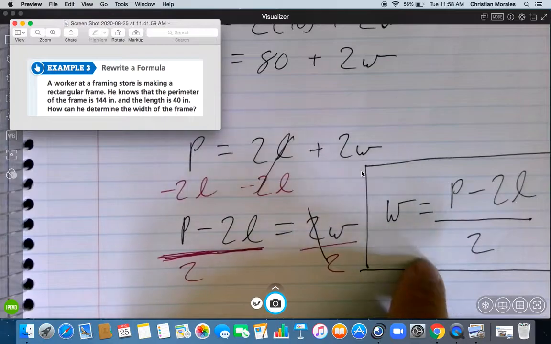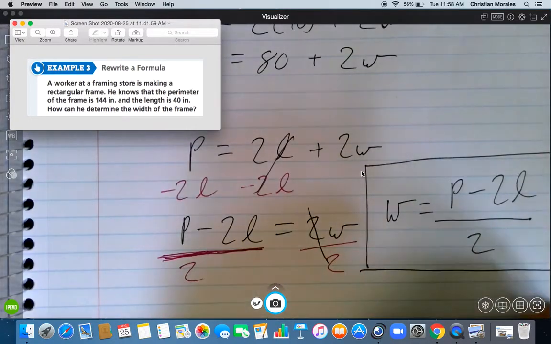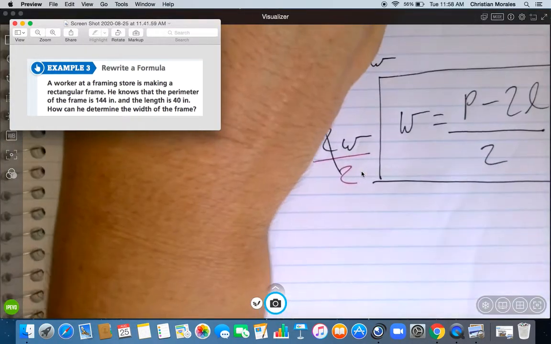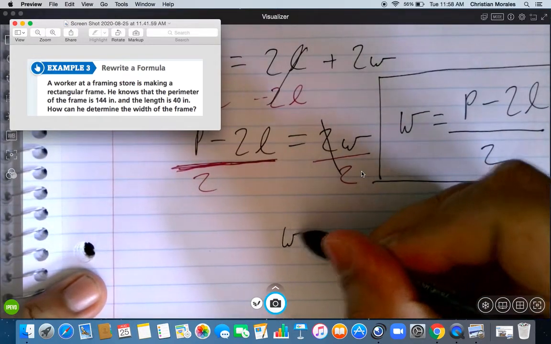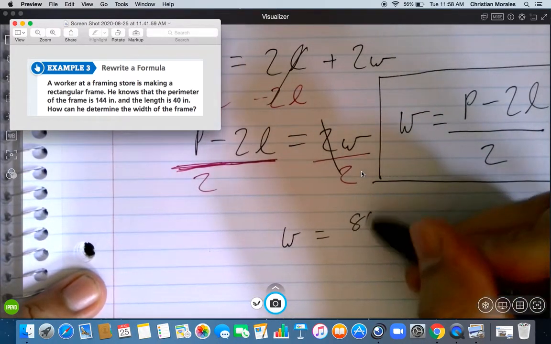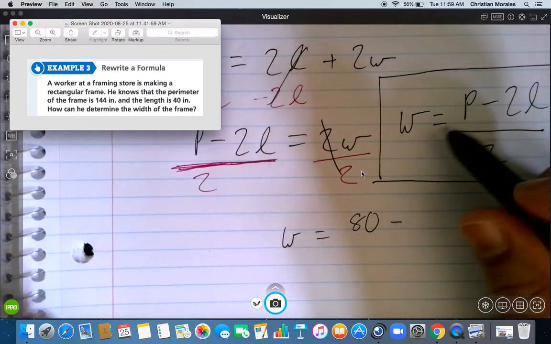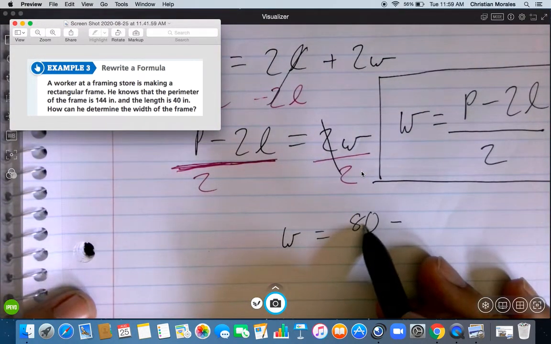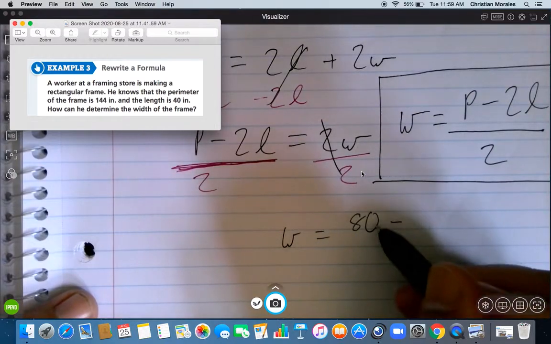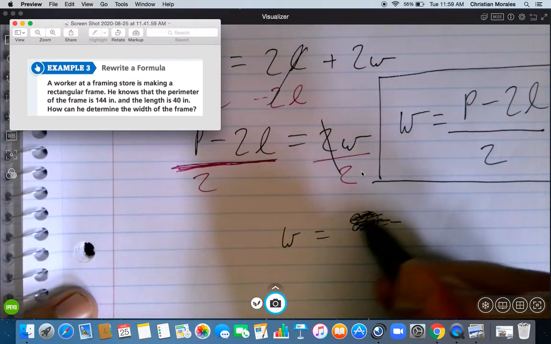And the way you would solve it here is you would plug in the same numbers. So we would plug in, to find W, 80 minus, I'm sorry, I messed up. That's not, perimeter wasn't 80. I apologize. Sorry.